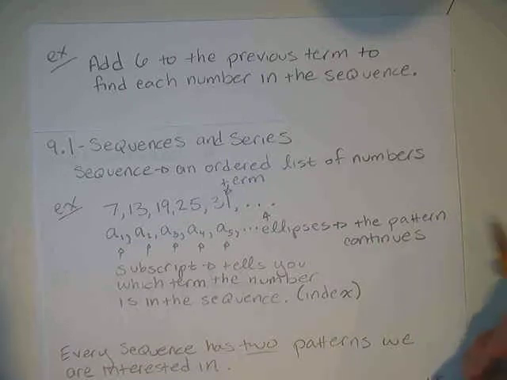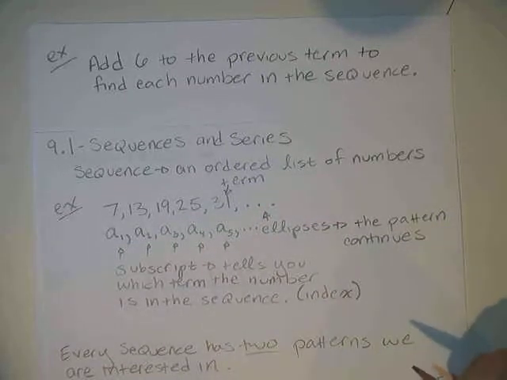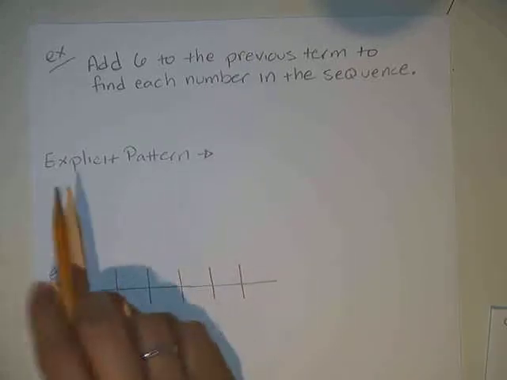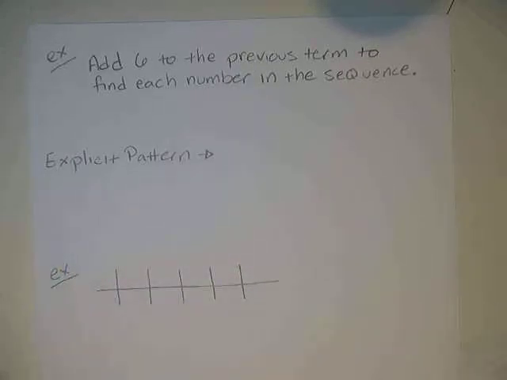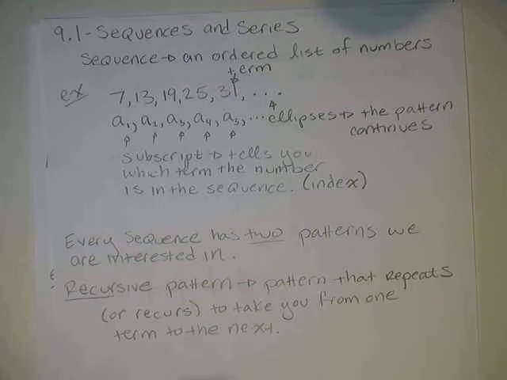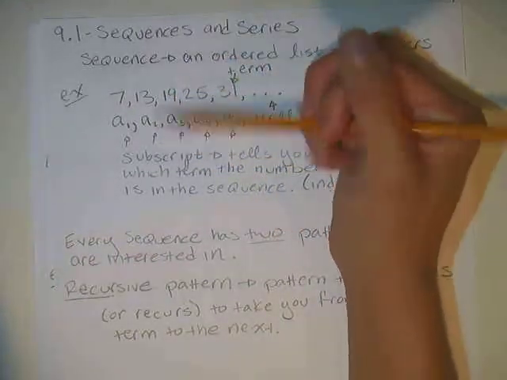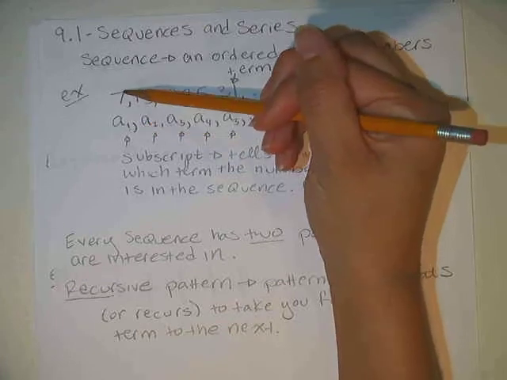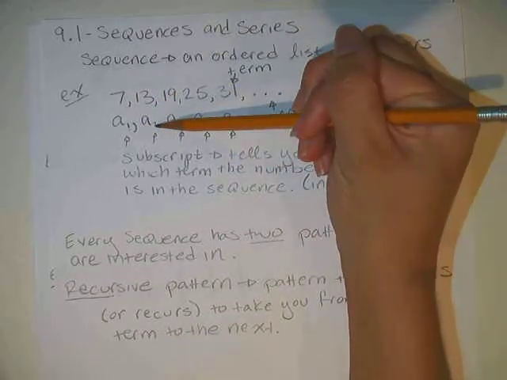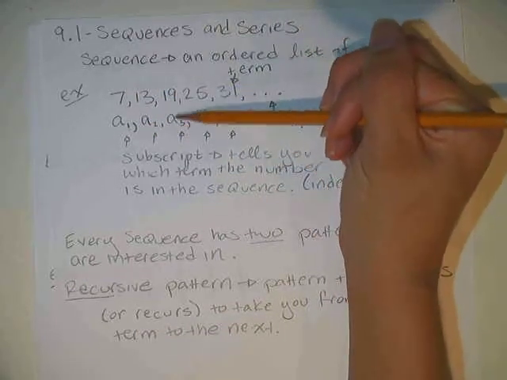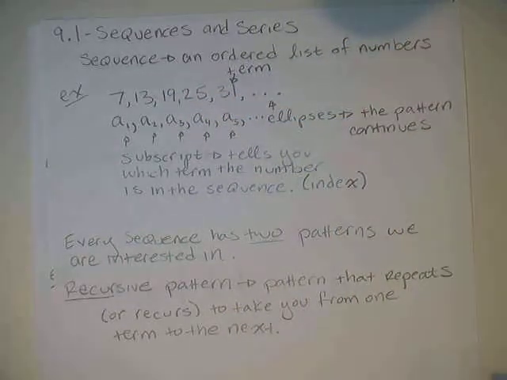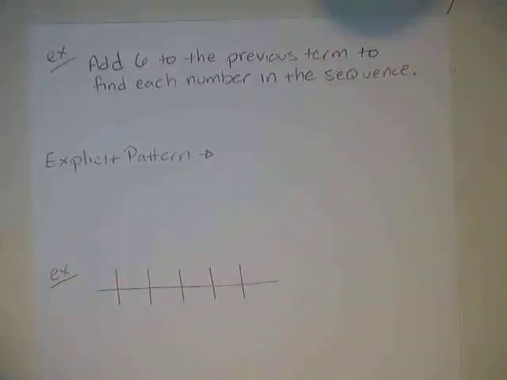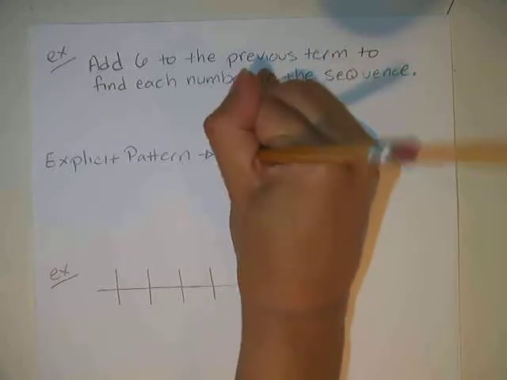Knowing this would allow you to find the 6th term, the 7th term, the 8th term, and so on. But if we wanted to find the 100th term, it's going to take a lot of work. So that takes us to the second pattern we want to look for, which is called the explicit pattern. Now this pattern will give you a formula where all you have to do is plug in a 1. It'll tell you that the first term is 7, or the second term is 13, the third term is 19, and so on.